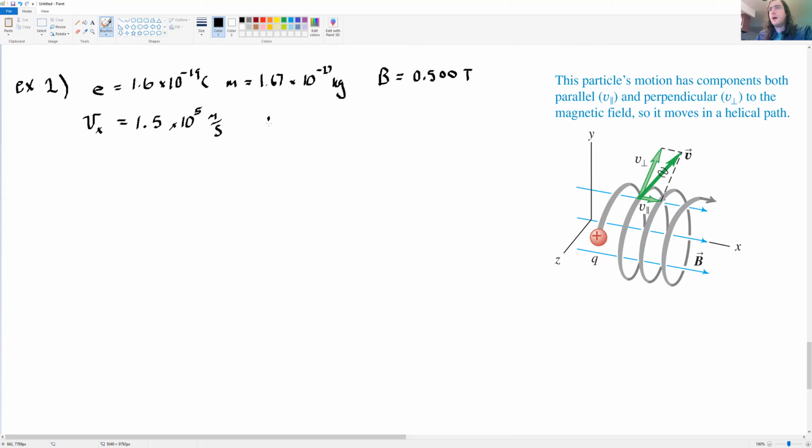The velocity in the y direction is 0, and the velocity in the z direction is 2 times 10 to the 5th meters per second. Actually, let me make sure I get the right sig figs in here. I believe this was 1.50, so we can put 1.50 there. And the magnetic field is in the x direction here, so maybe we should write Bx here.